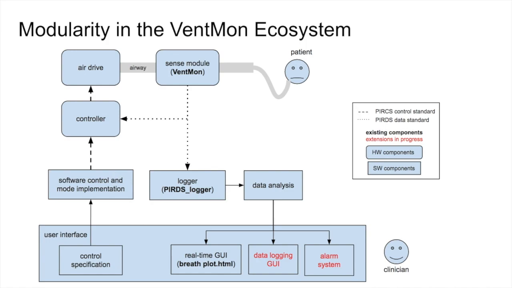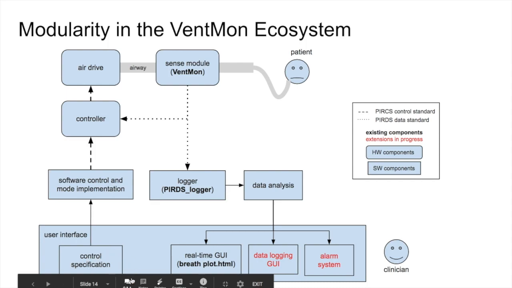So you can see in this diagram we have measurement data in the PIRDS format coming out of the VentMon being fed back into the controller, which in turn generates PIRDS control data to control the air drive. At the same high level, the user can have some controls over the controller to modulate the air themselves. This again is implemented using the PIRDS control standard.